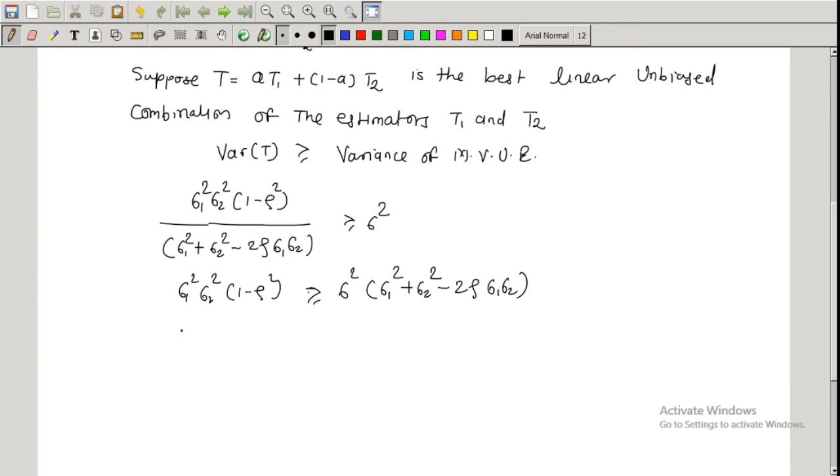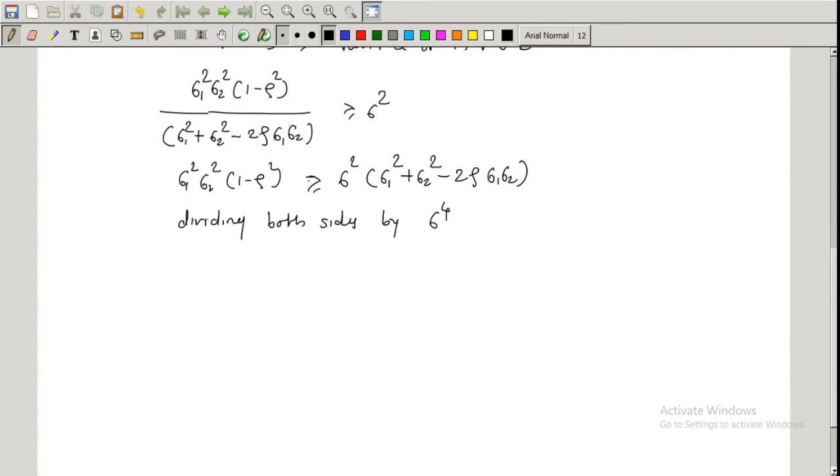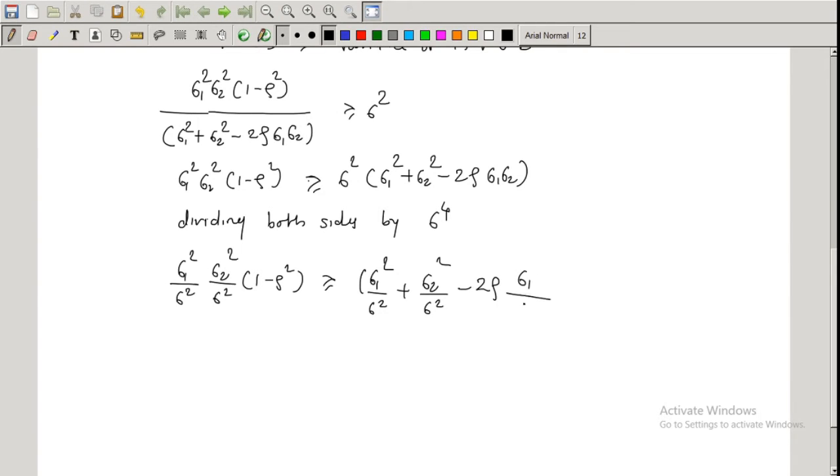So we get sigma 1 square over sigma square, sigma 2 square over sigma square, 1 minus rho square, which is greater than or equal to, on the right, sigma 1 square divided by sigma square plus sigma 2 square divided by sigma square minus 2 times rho sigma 1 divided by sigma and sigma 2 divided by sigma.